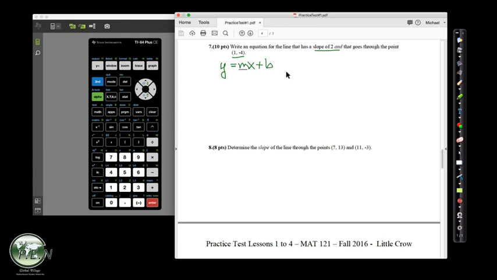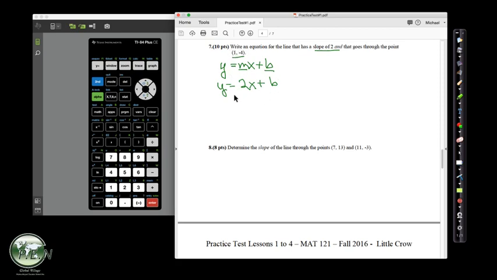M is the slope, b is the y-intercept. So we've got the slope. That's nice. We've got y equals 2x plus some value b. We were not given that value, the y-intercept. It's not -4, because this point (1, -4) is not the y-intercept. It does not have an x value of 0.